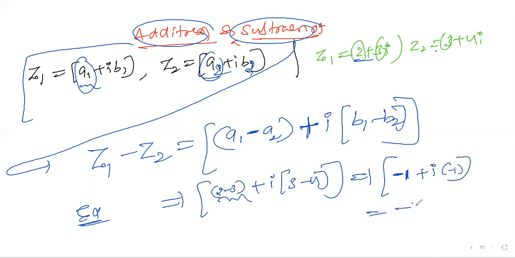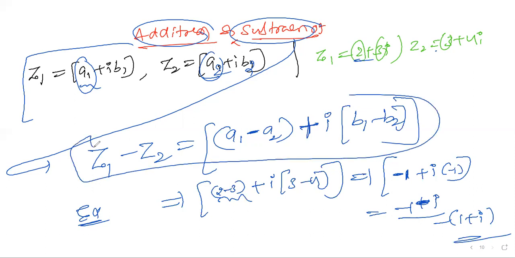So the answer is minus 1 minus i, or you can write minus of 1 plus i. This is the answer here. This is the subtraction of two numbers. Still clear? Any doubt? Okay. Clear, sir. It's very simple: real addition, imaginary addition, or real subtraction, imaginary subtraction. Subtraction case, still no doubt.